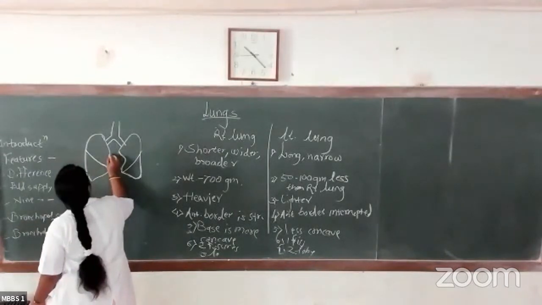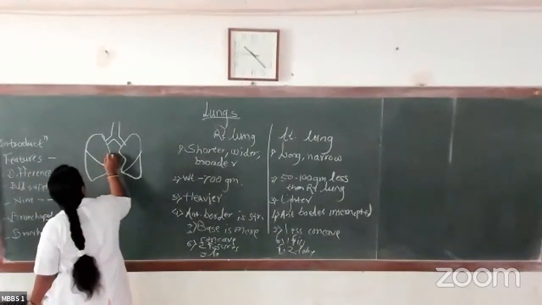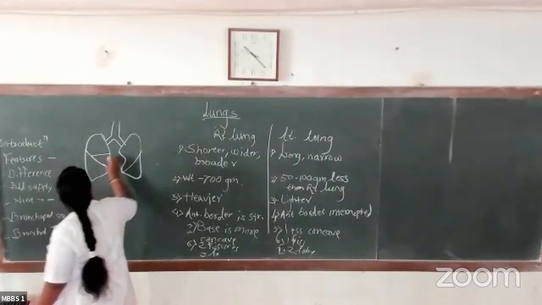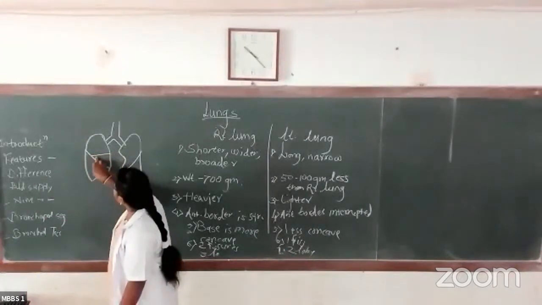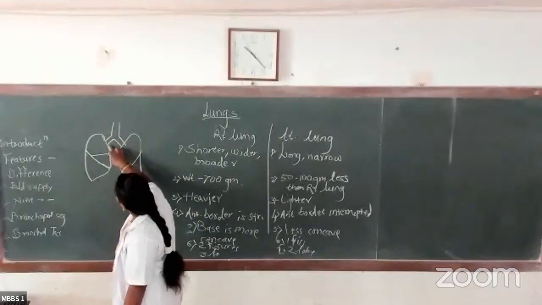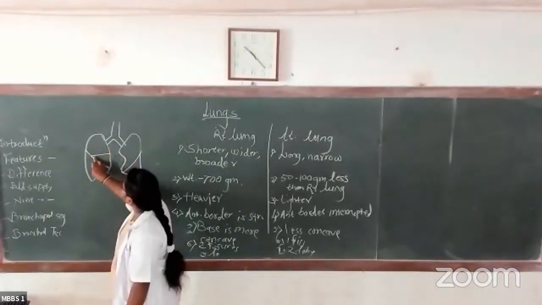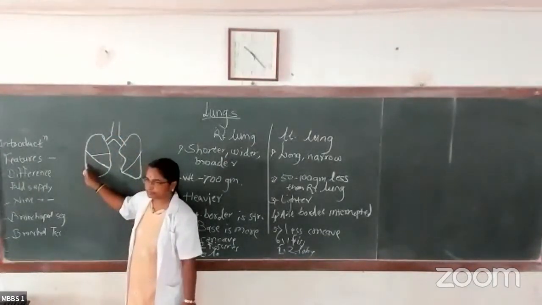Now in case of right lung, the horizontal fissure runs horizontally from the anterior border up to the oblique fissure.